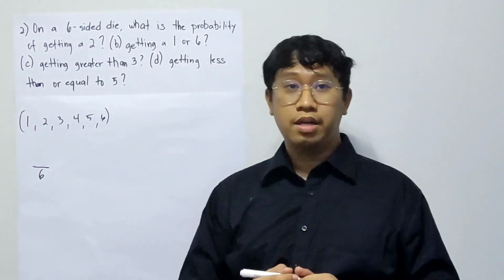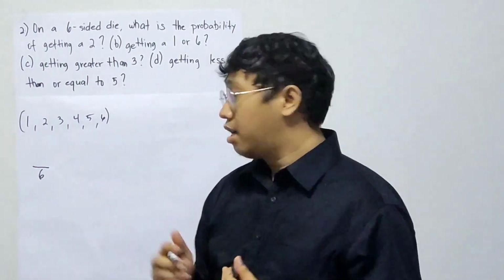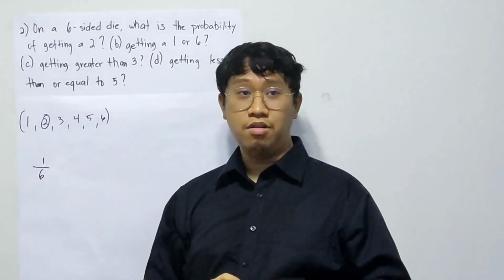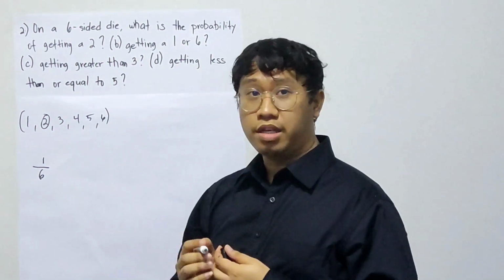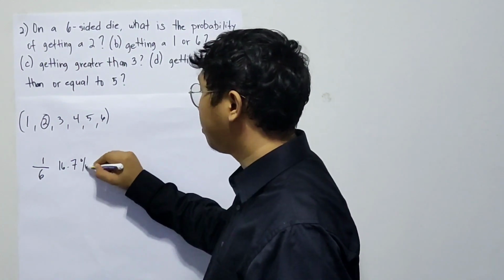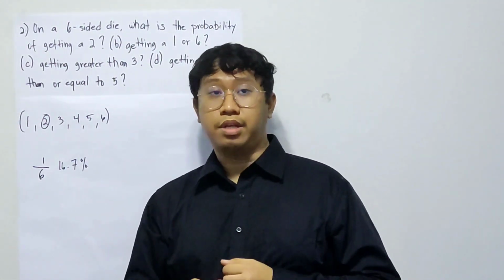So we will write 1, since there is only one side of the die which has the number 2. And now, the answer is 1/6, or 16.7%.